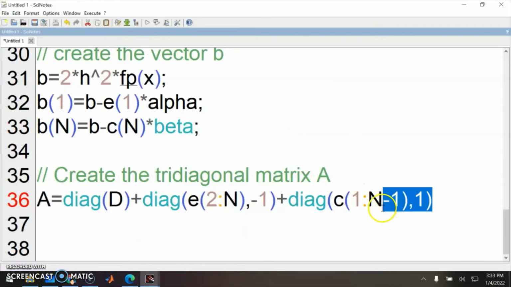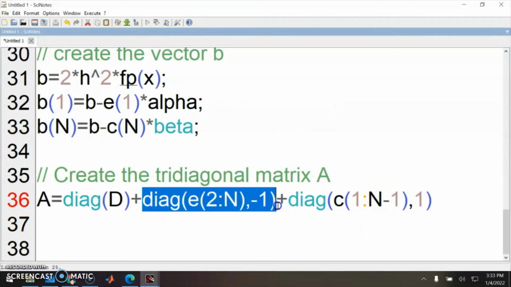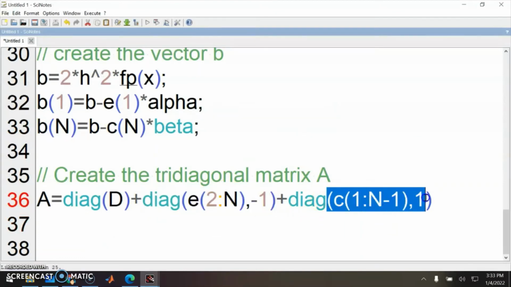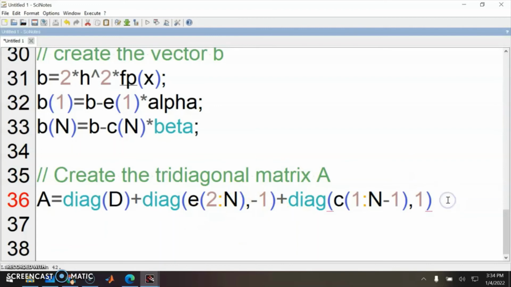Let's look at here. See that? So we have the E, which is the lower subdiagonal, and C, which is the upper subdiagonal. That will give you this big tridiagonal matrix A with the size n. Okay, so how can you solve this? Like I say, you can solve this using Thomas algorithm for tridiagonal matrix, or we can also solve y.